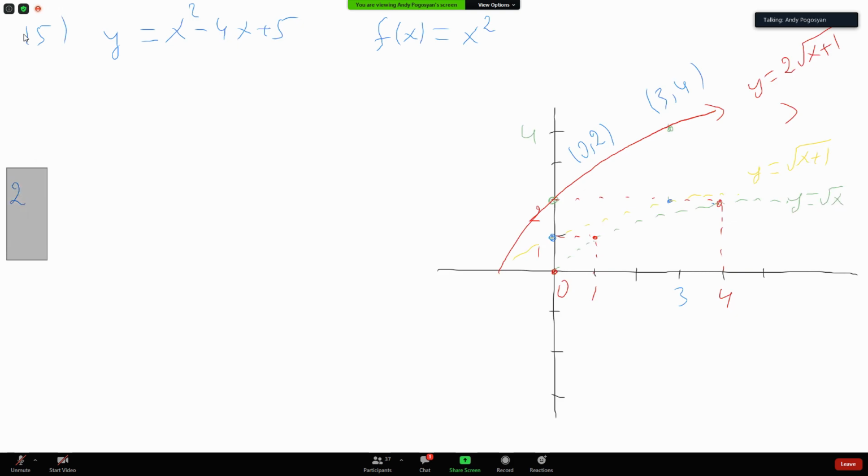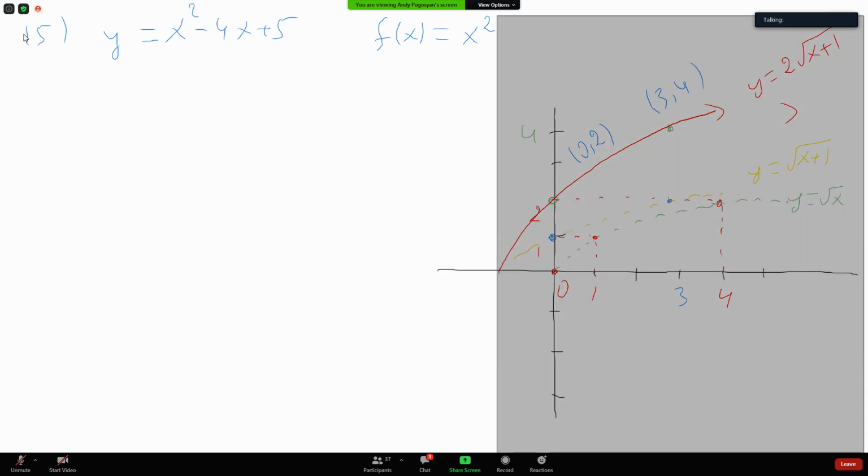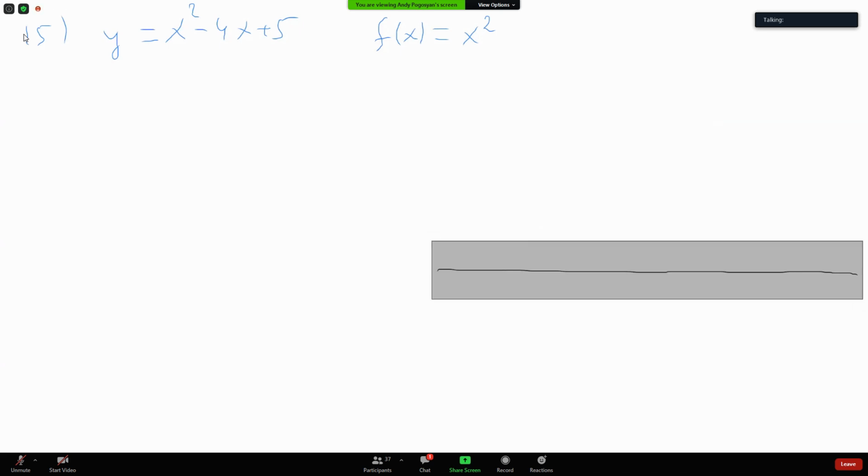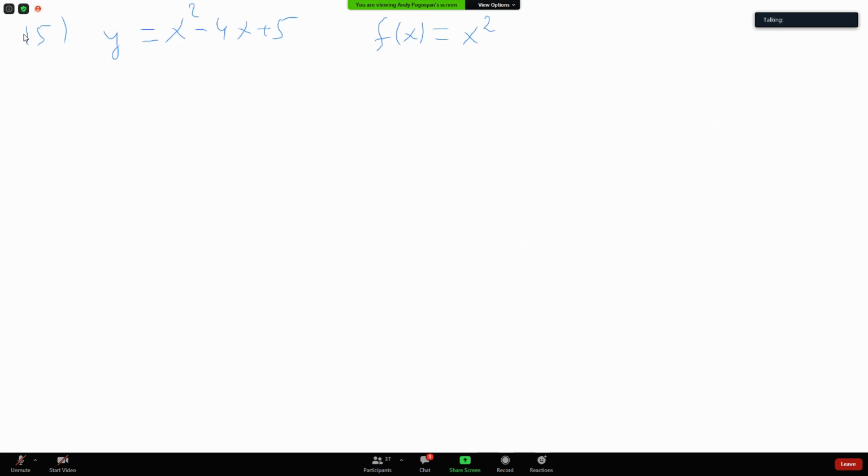Let's see. Okay, so y equals x squared minus 4x plus half of 4 is 2 squared, subtract the same thing, plus 5.